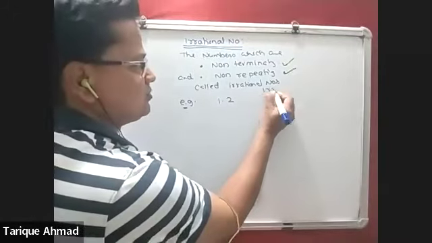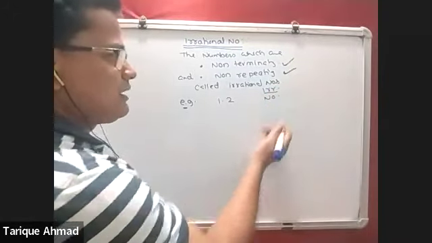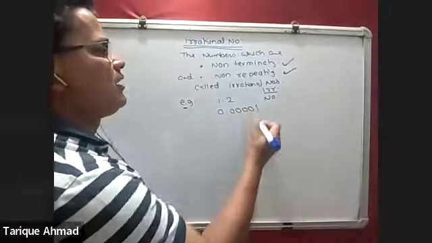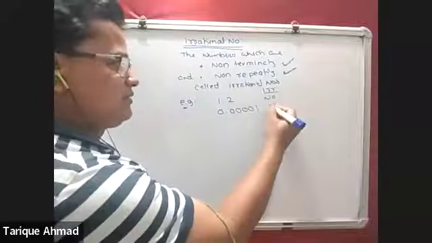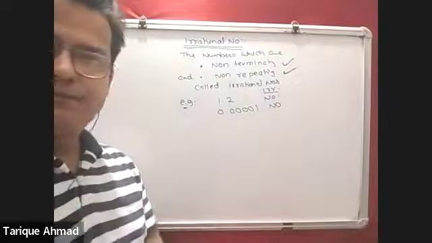So this is not an irrational number. Okay. 0.00001. Is this also irrational? This is not irrational because it terminates. The first condition fails. So no, it is not irrational. Right? Yes, sir.